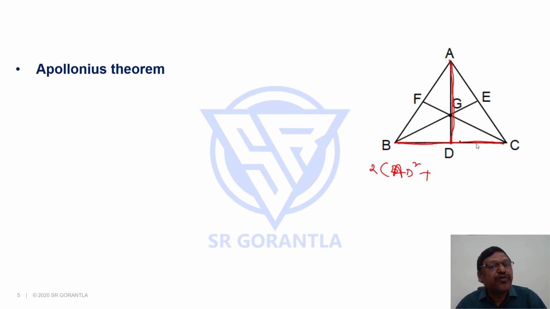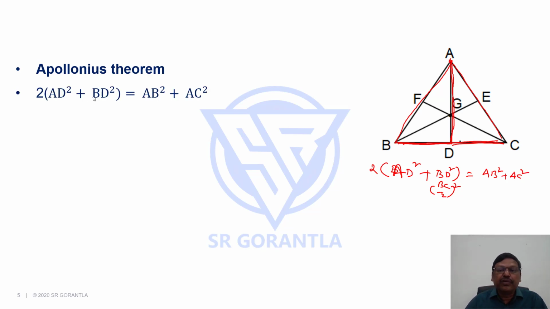BC. Take half of BC. You can take BD, or DC, both are the same, or you can write simply (BC by 2) whole square, because BD is nothing but half of BC, equals, from which vertex are we drawing? From A, the adjacent sides AB and AC, AB square plus AC square. This is called Apollonius Theorem.